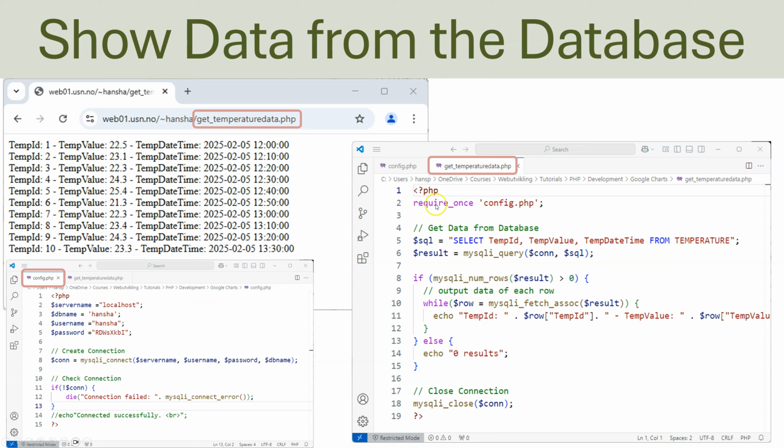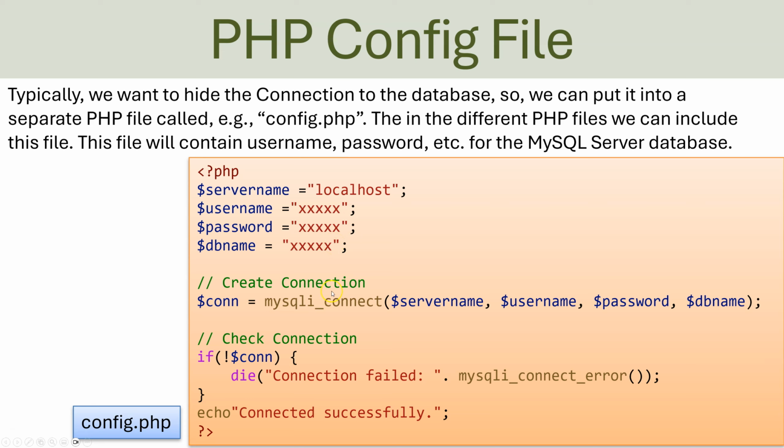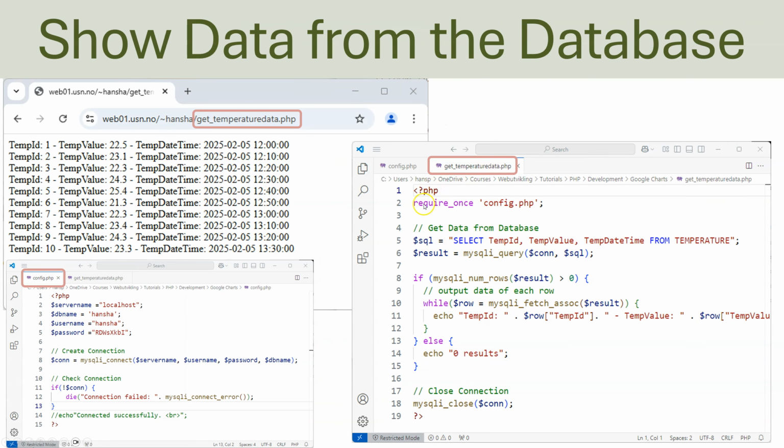So here is an example of how you can do that with PHP. So the first line here, require_once config.php. Here you just include this config.php file where we connect to the database, and then you are ready to create your queries. So then we just create a simple query to retrieve data from that temperature table.